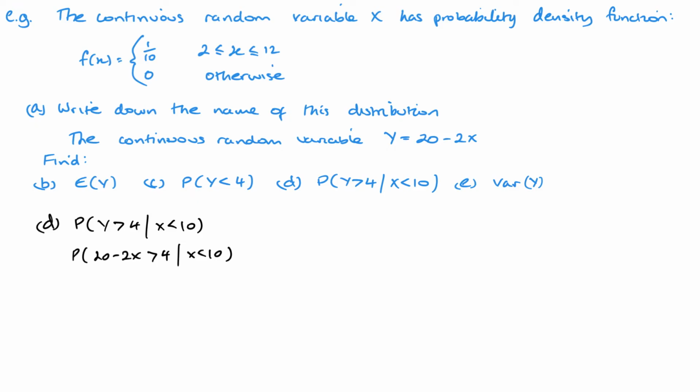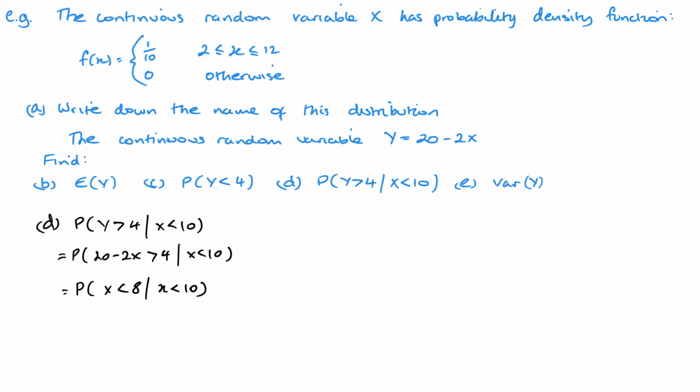Now we've already dealt with this 4 here, so we know what's going to happen. Obviously the signs are a little different, but we do know that this is going to end up becoming x is less than 8. And we know that because when this one was less than 4, we had greater than 8. So greater than 4, less than 8.